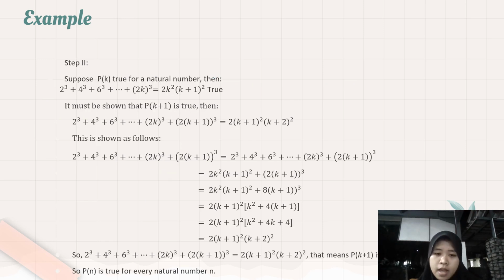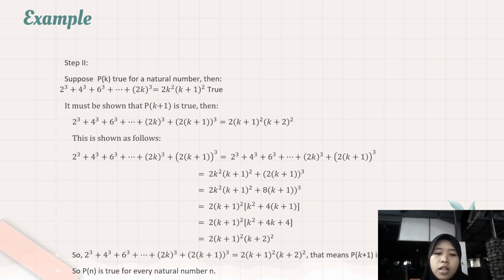Suppose Pk is true for a natural number k, then 2^3 + 4^3 + 6^3 + ... + (2k)^3 equals 2k^2 times (k+1)^2. This must be true. So we want to show that Pk+1 is true. Then we calculate that 2^3 + 4^3 + 6^3 + ... + (2k)^3 + (2(k+1))^3 equals 2 times (k+1)^2 times (k+2)^2.